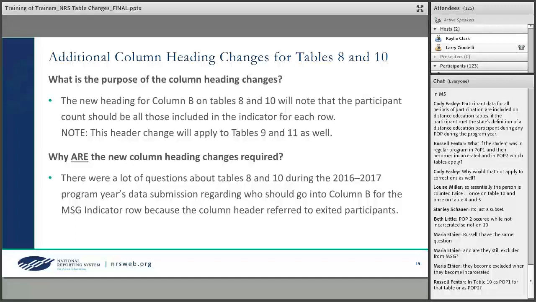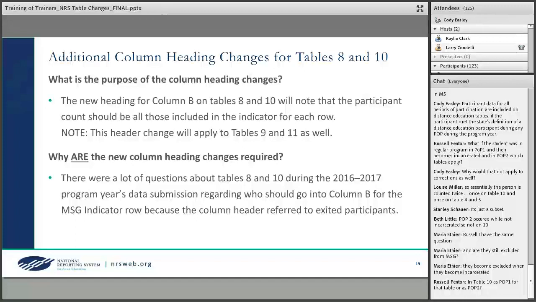His response was that yes, for any tables that report specific participant populations, if the participant meets the definition for that subgroup at any point in the program year, then all POP data associated with that participant would be reported on the table. So is that not correct then?